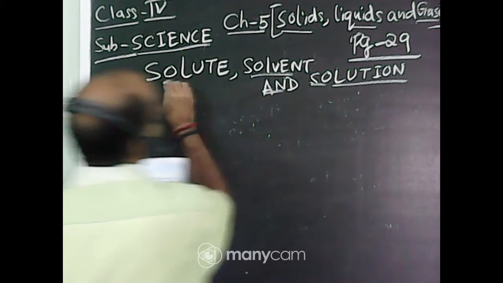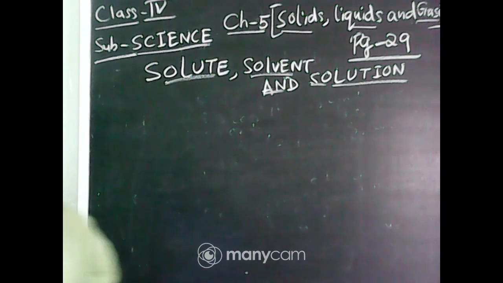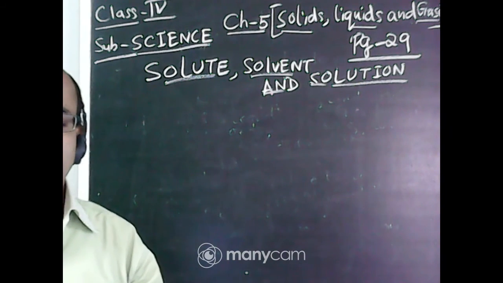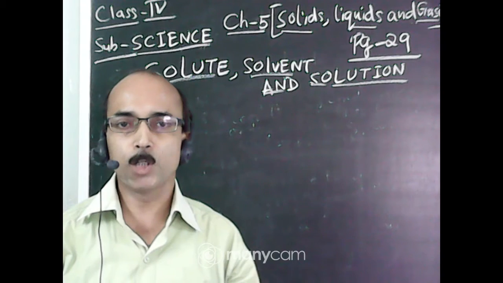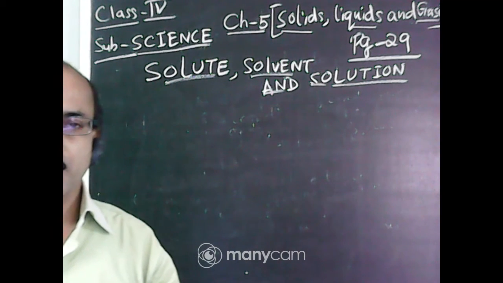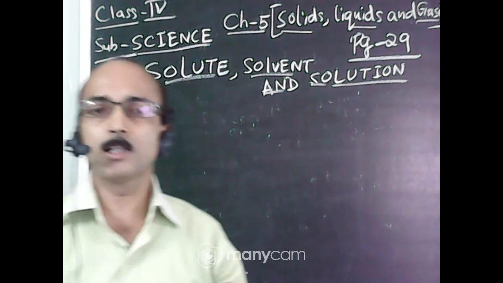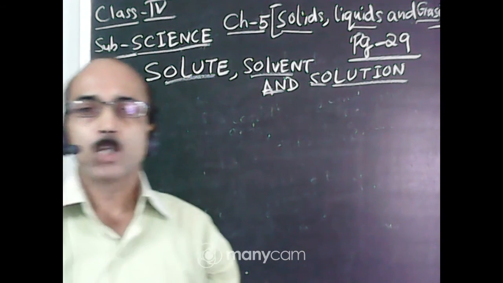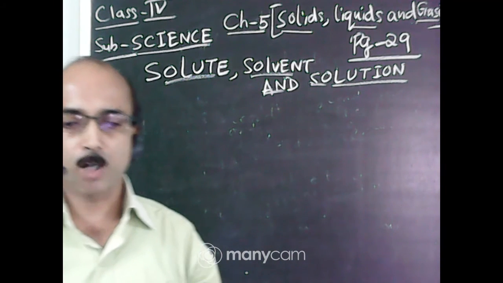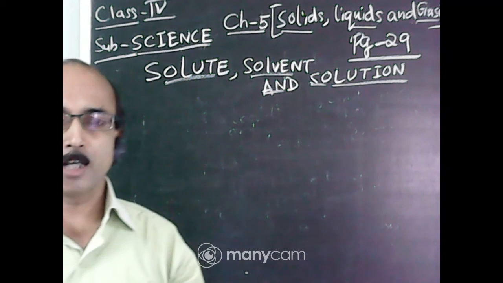Okay, so let us see what is a solute. First of all, see, in the above activity, the experiment I have told you, how a solid is dissolved in a liquid. Suppose you are taking a solid such as salt or sugar, and you are taking the solvent as water. So how does it dissolve in a liquid?